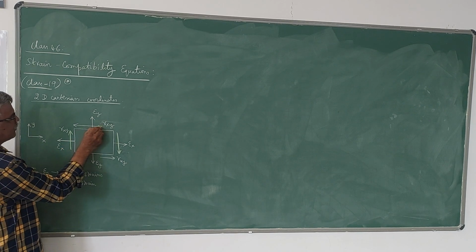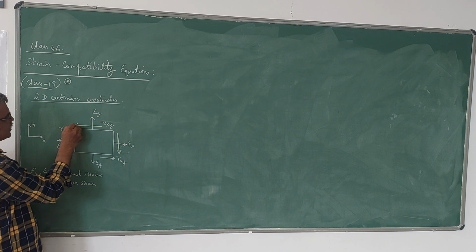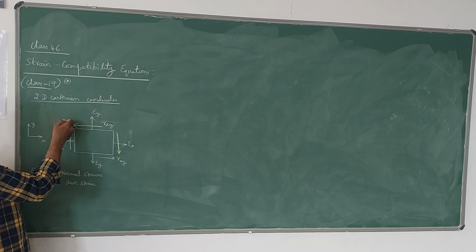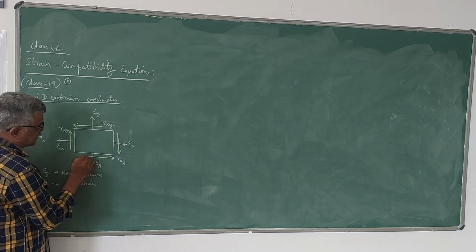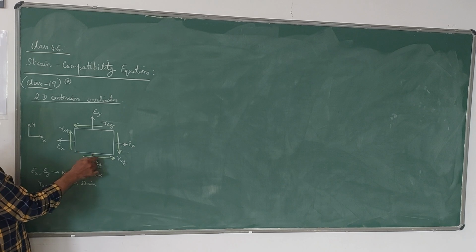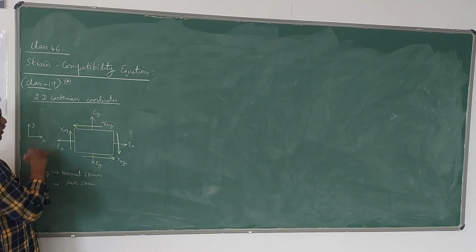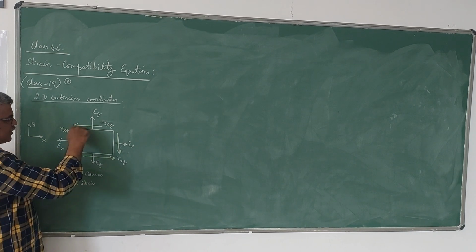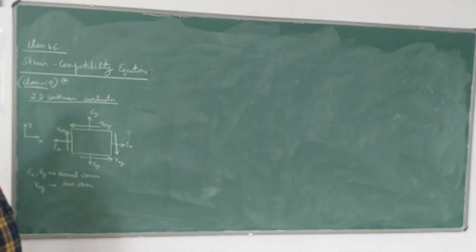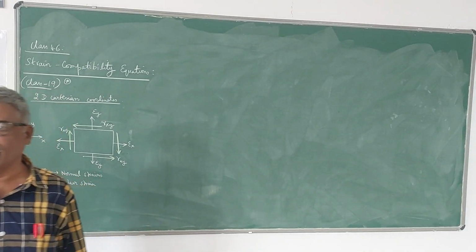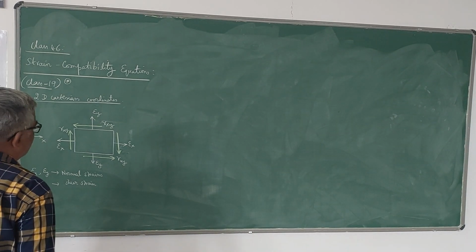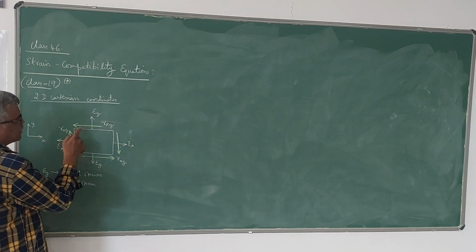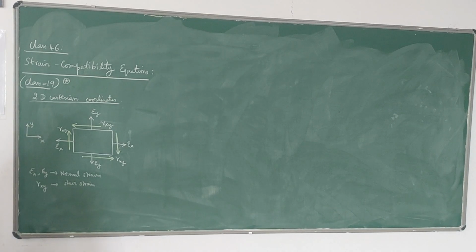Similarly, if the shear stress or shear strain is like this on this edge, on the opposite edge it will be in the opposite direction, so that these two will create one couple and these two will create another couple. They are equal, and for the equilibrium of the element they will be equal. One will give a clockwise couple, another an anti-clockwise couple. So this is a two-dimensional Cartesian strain system.